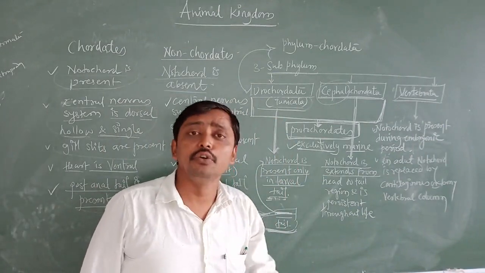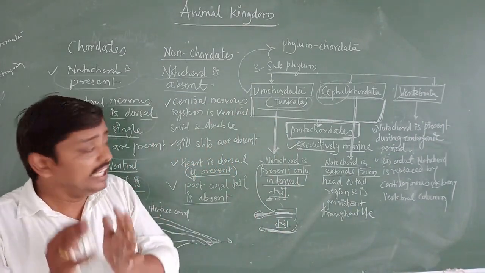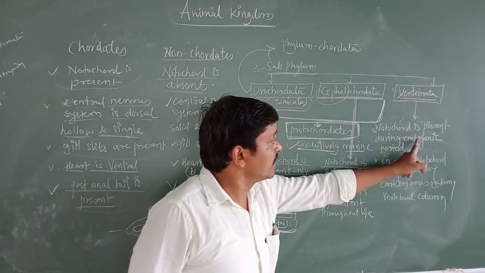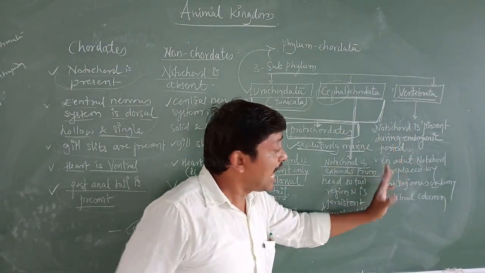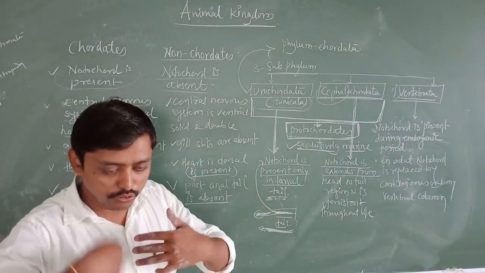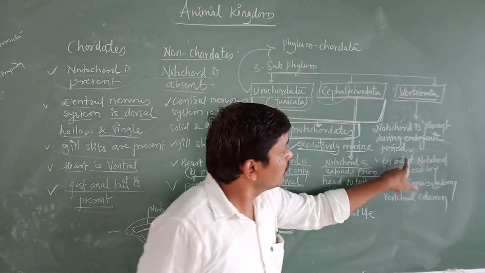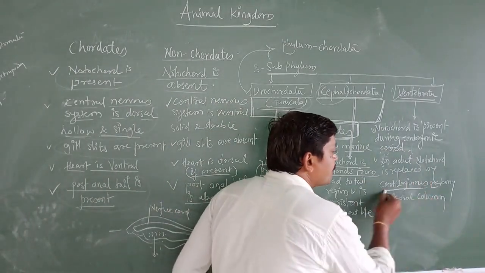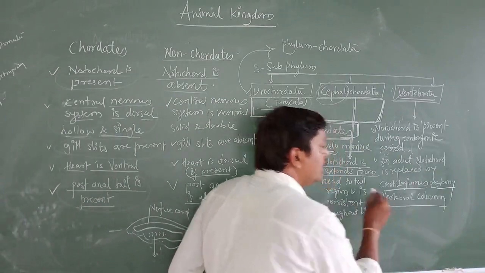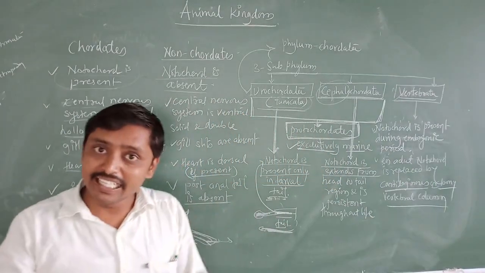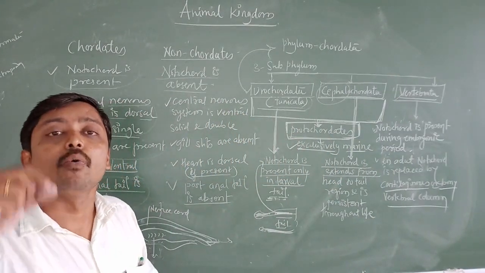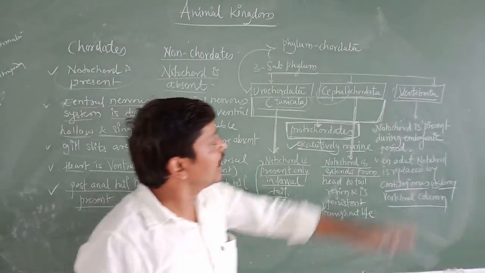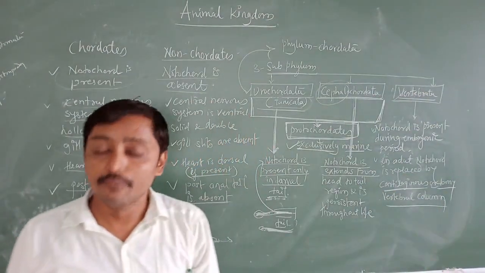Only in the embryonic period in vertebrates the notochord is present, and when it develops into the adult, the notochord is replaced by a cartilaginous or bony vertebral column. That's why we call them vertebrates.